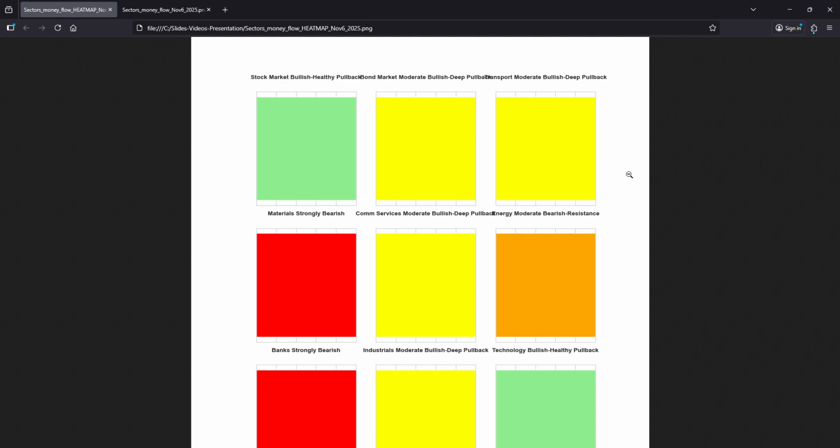Okay, so if this condition did not match, then you fall into the next condition, which is an else if. If EMA 20 is greater than or equal to EMA 50 and price is greater than or equal to EMA 50, then we return light green. So this is a bullish pullback to the 20 EMA.